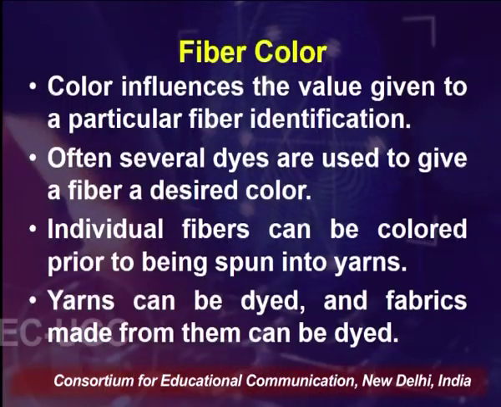For example, if the fiber is of a color made by a combination of 3 to 4 different colors, then it has 3 to 4 different dyes, which can be identified using various other techniques. Individual fibers can be colored prior to being spun into yarns, which can be further dyed, and the fabrics made from them can be dyed further. So, at every level a dye may be added.